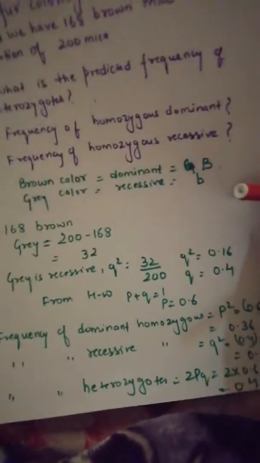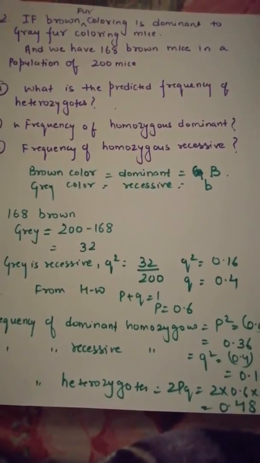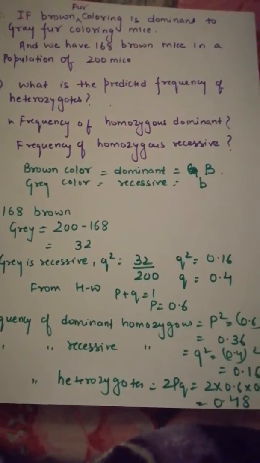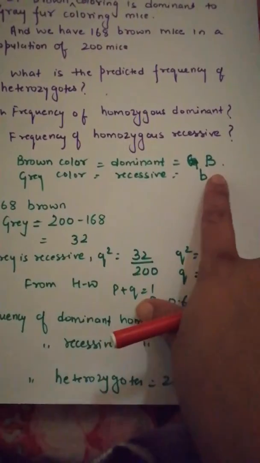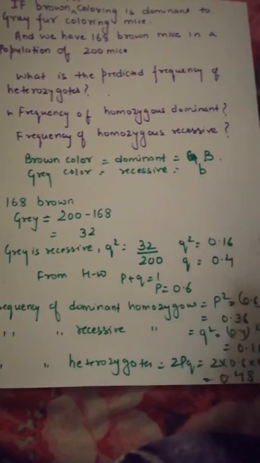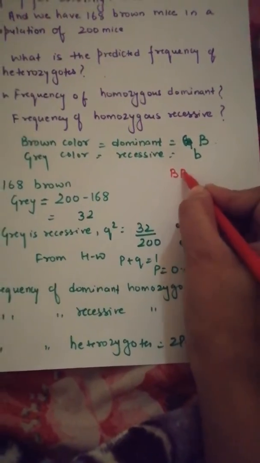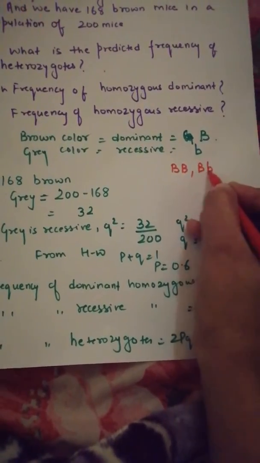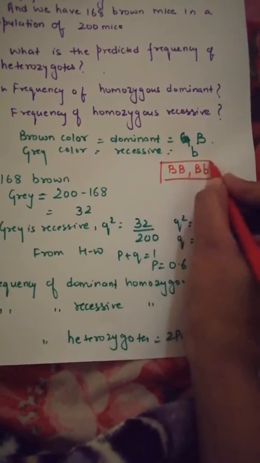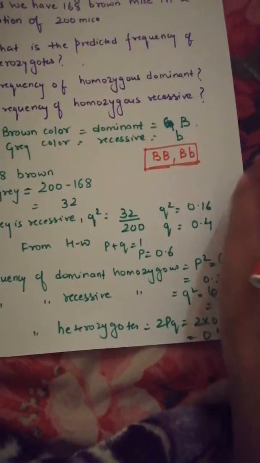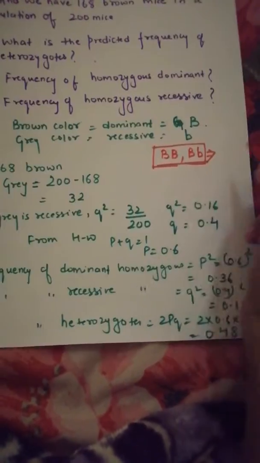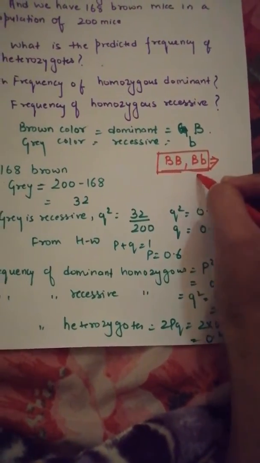The allele responsible for brown mice is capital B. The genotype for brown color may be capital B capital B or capital B small b. So we can't find the frequency of the allele from this.